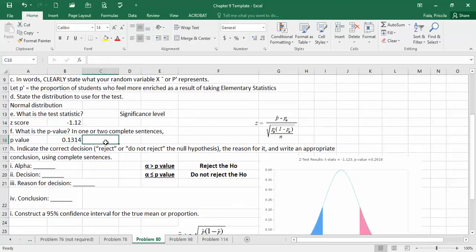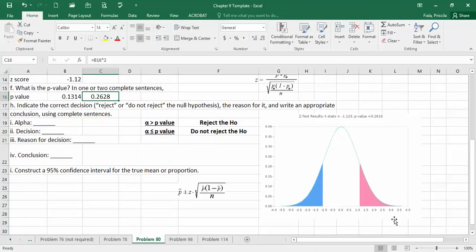Therefore, I'm multiplying my percentage that I have found by 2. And now I'm saying that this portion right here plus this portion right here is about 26% over here. 26%.